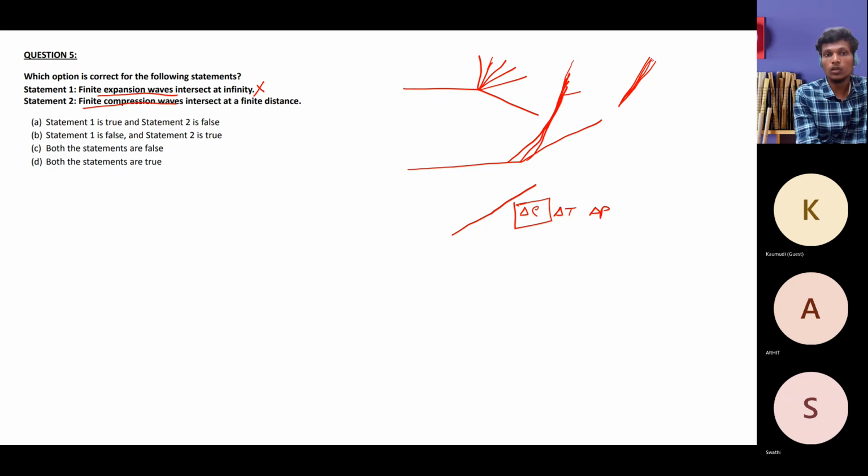That is what we call the shock layer. It is not intersecting, but those waves are merging into a very small thin layer. So all these waves are formed one by one, and they look like a very thin layer, but they are not overlapping on each other. So both the statements are false here. We always frame this question because of the common misconception that compression waves intersect on each other, but they do not overlap.